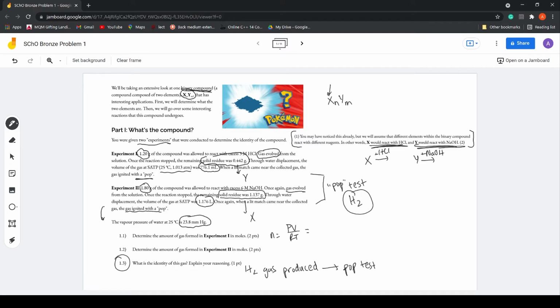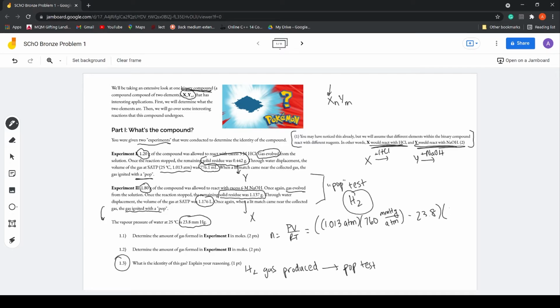So basically we've got to subtract off the pressure that comes from the water to calculate the moles of hydrogen gas. So our actual pressure is 1.013 atmospheres, but we want to multiply this by the conversion factor to millimeters of mercury, which is 760 millimeters of mercury per atmosphere. So that's the total pressure. Now we want to subtract off the 23.8 that's coming from the water.